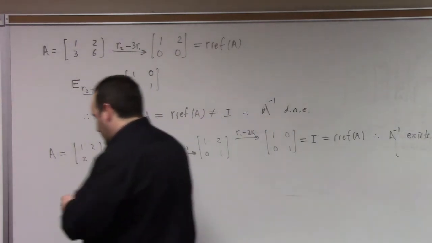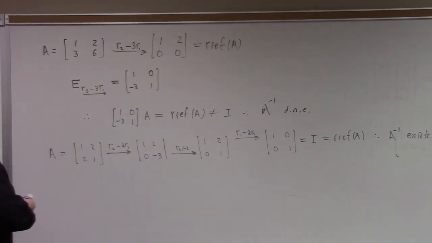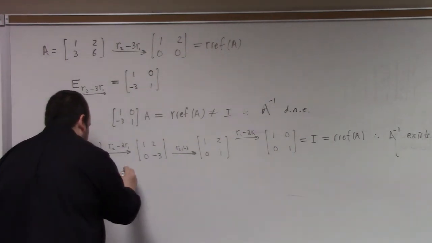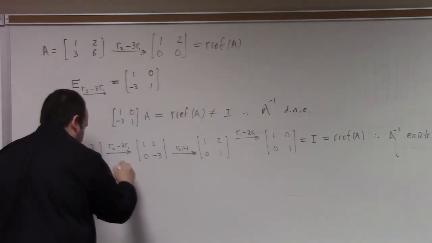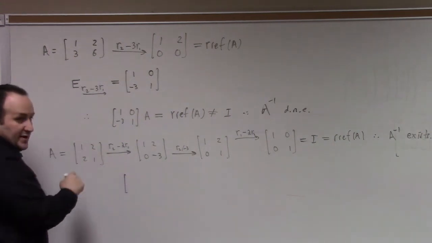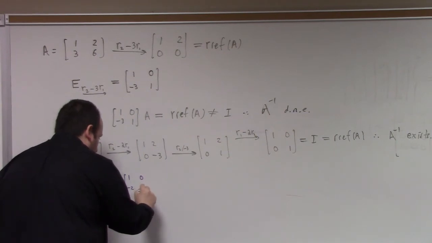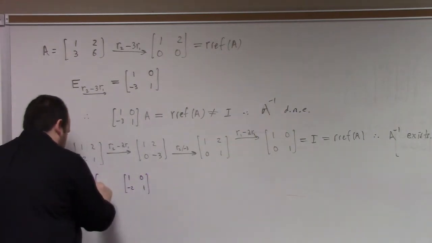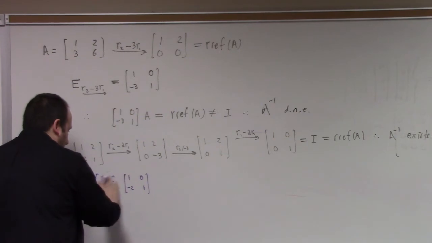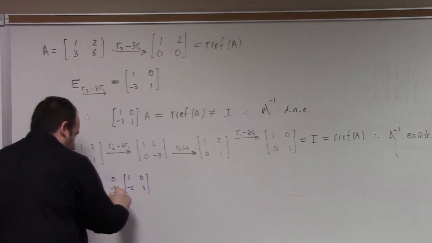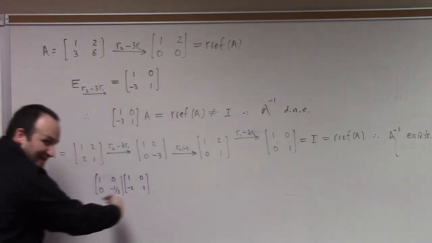And more than that, that means that we can write, let's see here, what's this one? Row 2 minus 2 times row 1 is 1, 0, minus 2, 1. That one is 1, 0, 0, minus 1/3. Notice that I'm writing them this way.